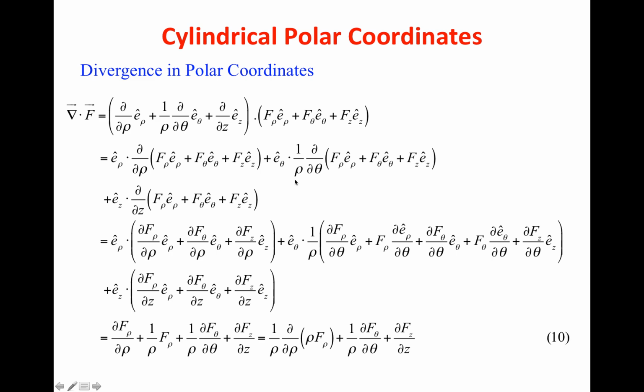But in the second component, I also need to apply my product rule for this first term because my unit vector in the direction of rho depended upon theta, and I have that my derivative of the unit vector E rho cap with respect to theta comes out to be equal to in fact my E theta cap. So, I have to be a little careful over here.